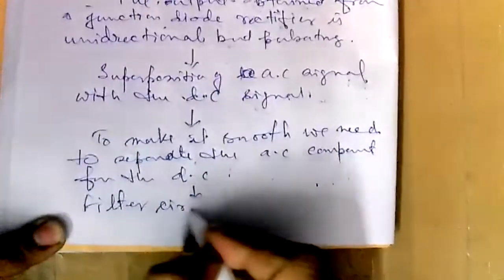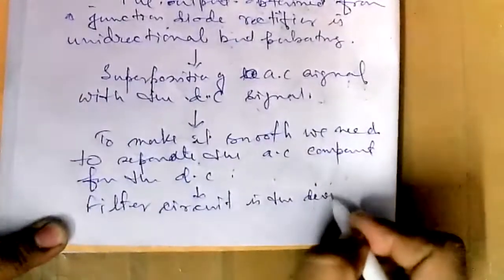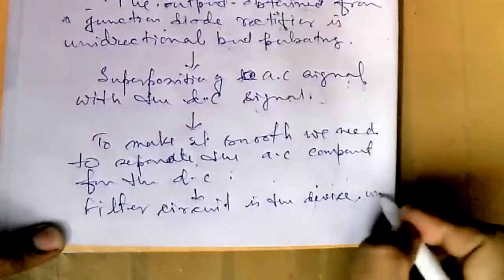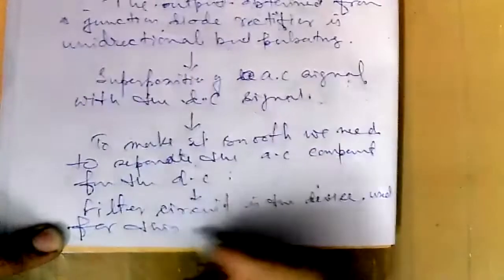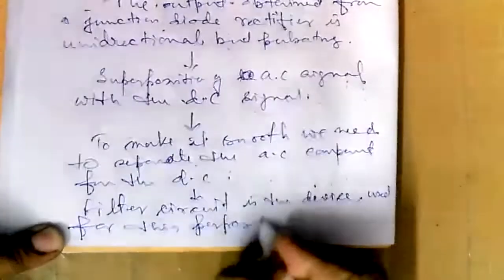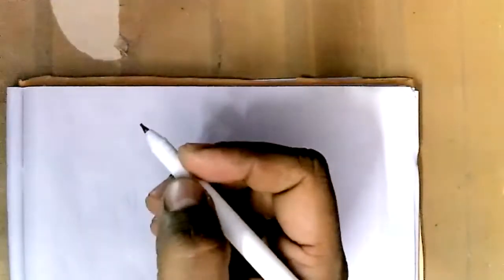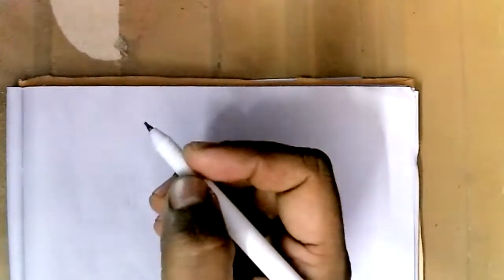A filter circuit is the device used for this purpose. There are different types of filters out there. Some are called series inductor or L type filter, only inductor type filter.